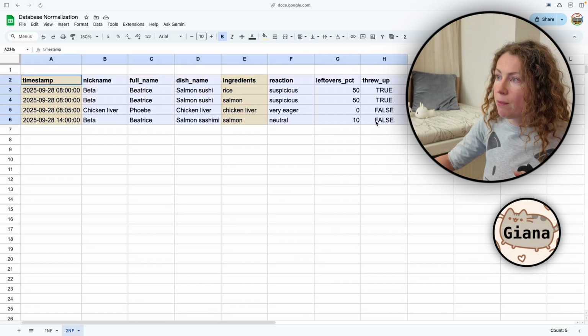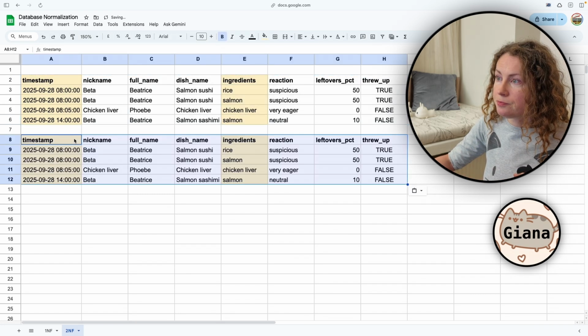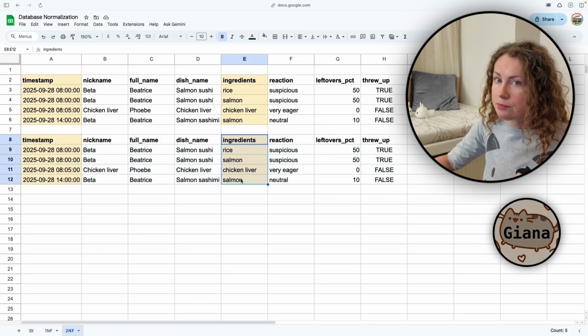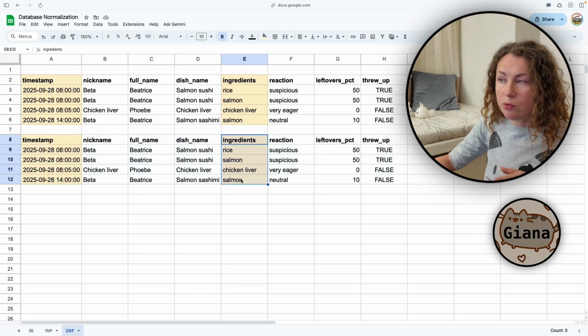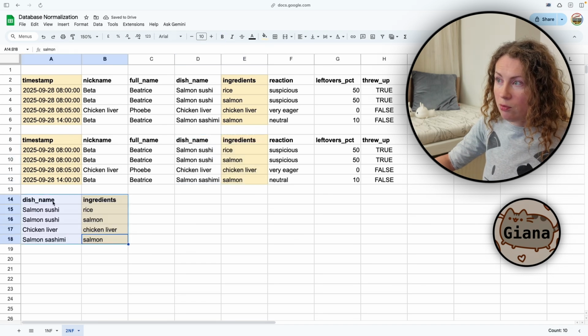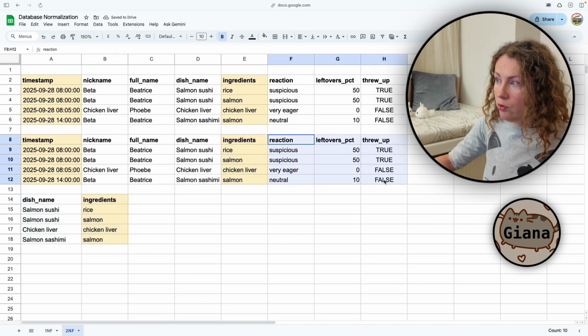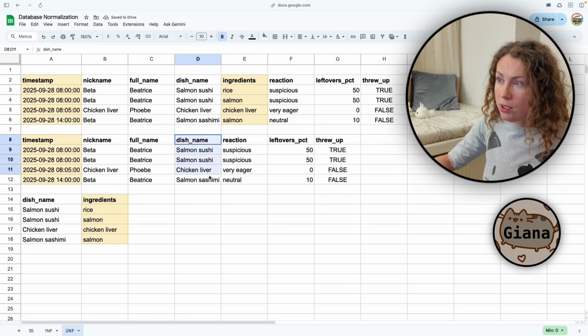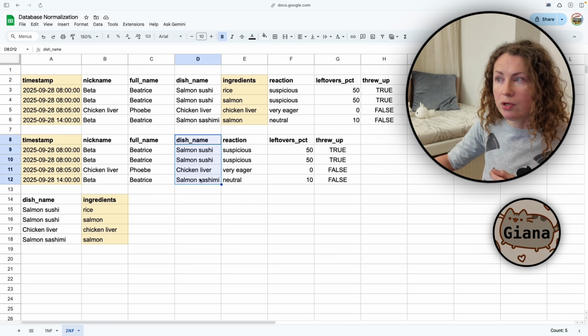But we cannot just take ingredients out. We need to know which dish has which ingredients. Exactly. When we separate two entities, we still have to preserve the relationship between them. Ingredients belong to dishes, so let's take both of them and put them separately. Then we no longer need ingredients here, but we keep the dish because that is going to preserve that relationship.